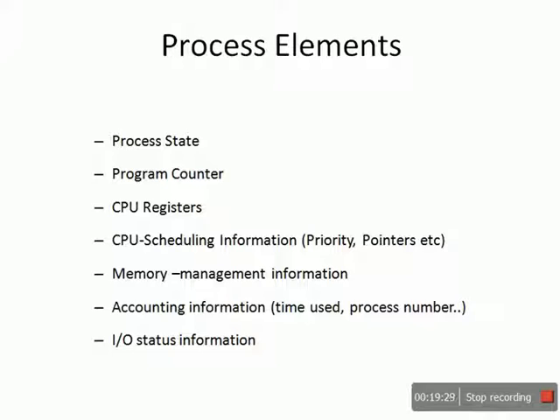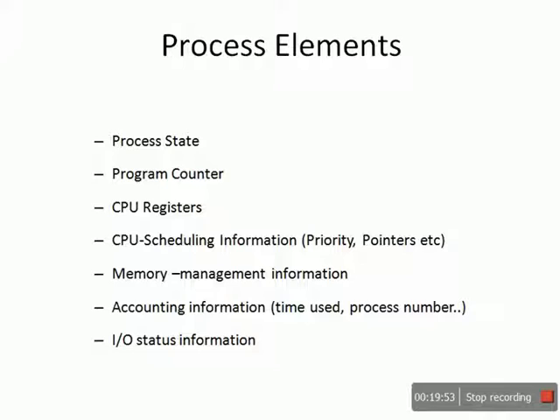We will look at the scheduling information of processes in more detail, what algorithm an operating system normally has for scheduling processes. Memory management information. Here memory means the primary memory.